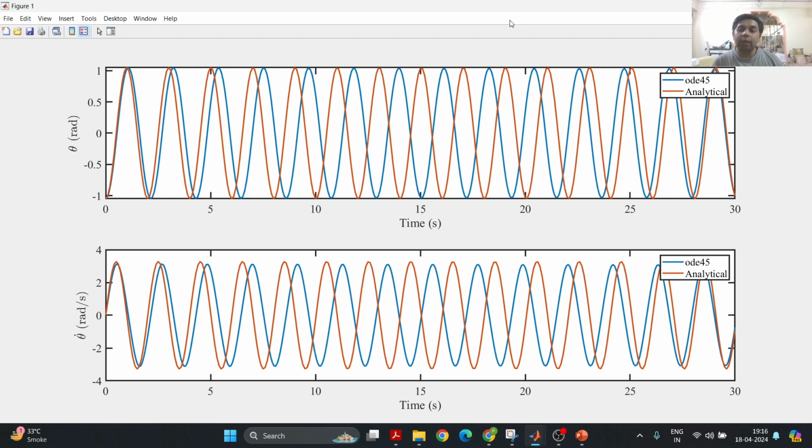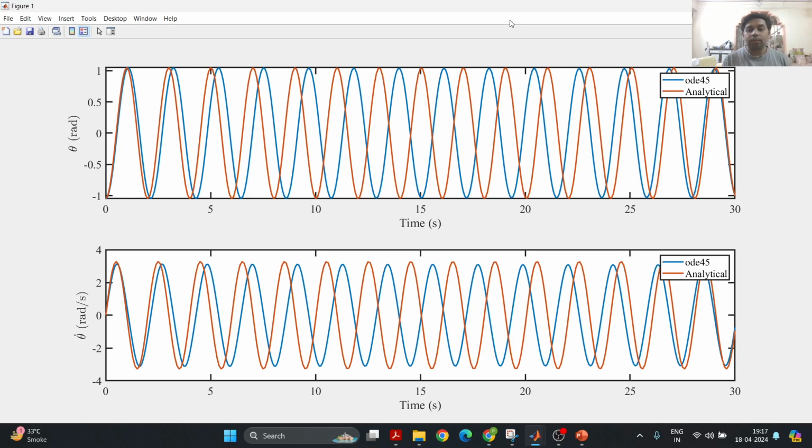But interestingly, near time 30 seconds, again the analytical and ODE45 solutions come close. So the numerical solution does not give us a sinusoidal nature with constant time period.